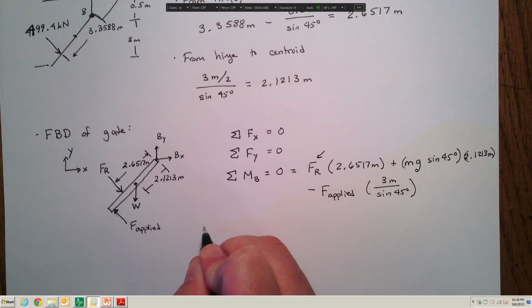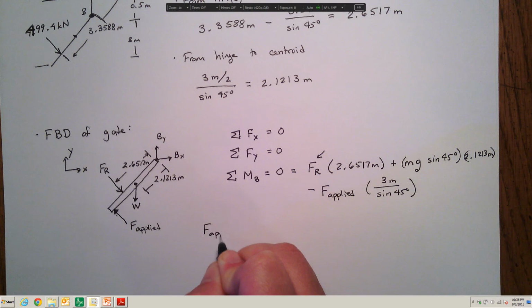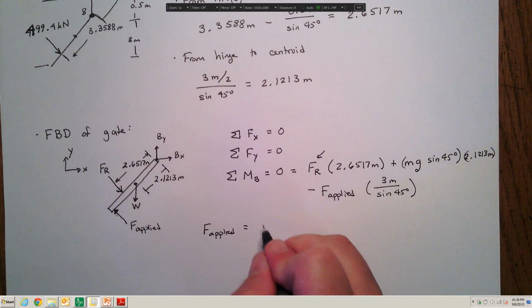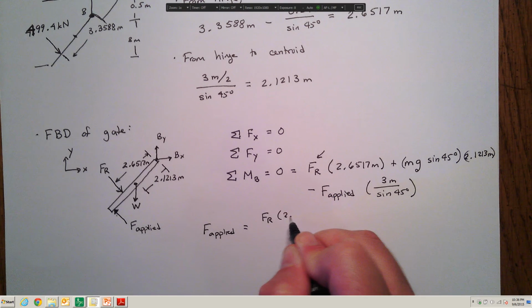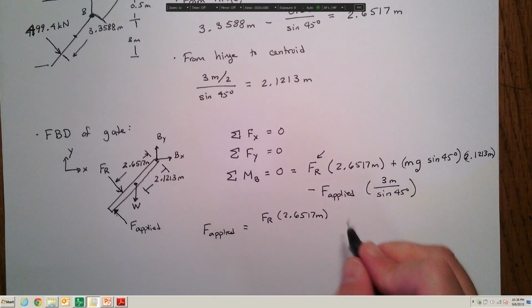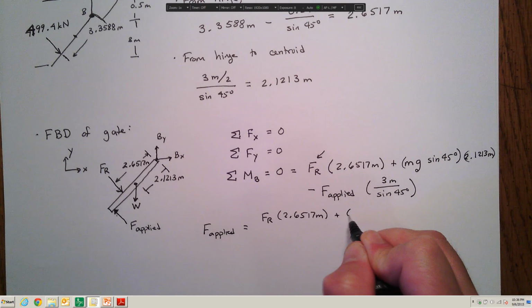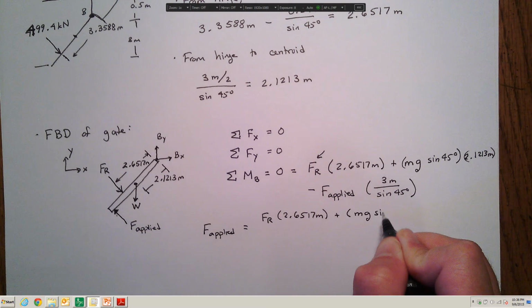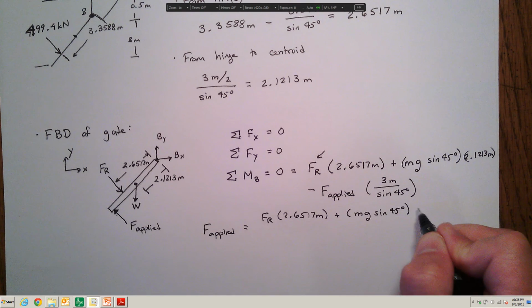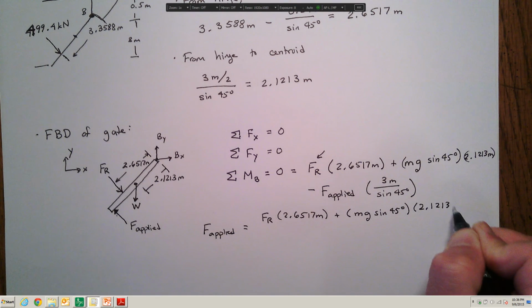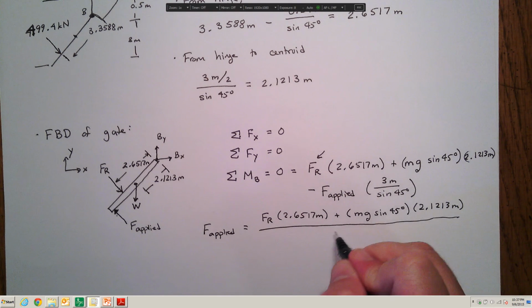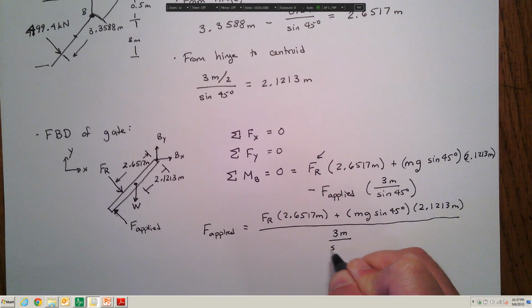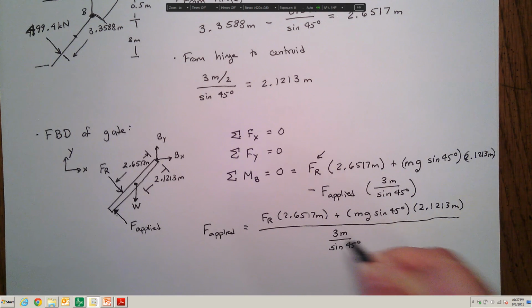So rearranging the equation, we find that F applied must be equal to the force resulting from the hydrostatic pressure times 2.6517 meters, plus mg sine 45 degrees times 2.1213 meters. And we're going to have to divide that by 3 meters divided by the sine of 45 degrees, which is the distance at which the force acts.